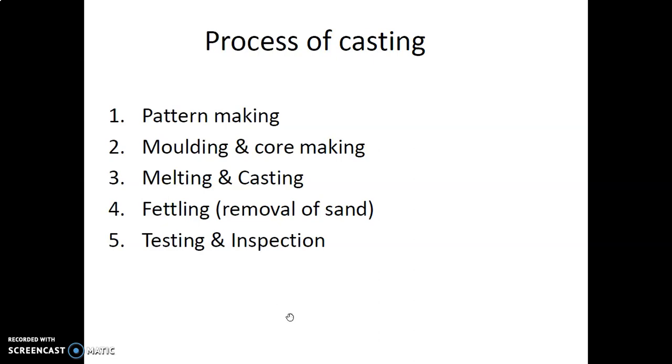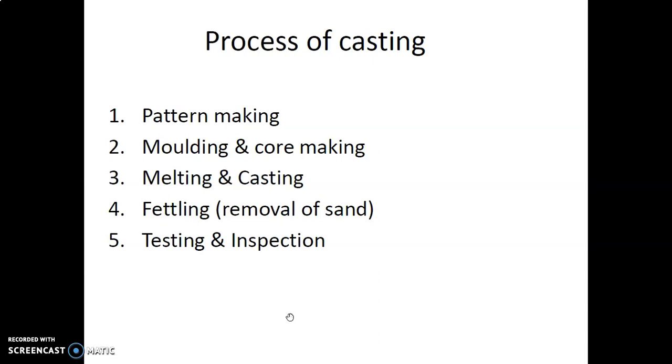Suppose you have some problem in the pattern or some dimension error, okay, so ultimately that error will be mirrored, actually it will be transferred to the final component. So the first step is very important and it is very costly also. So pattern making is the heart of the casting process.